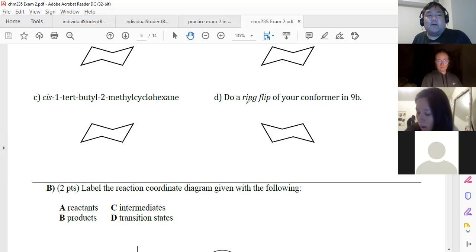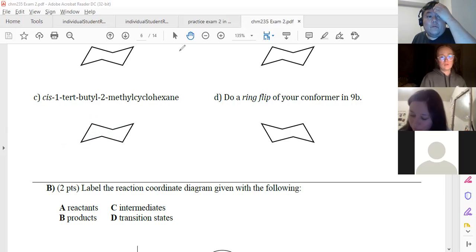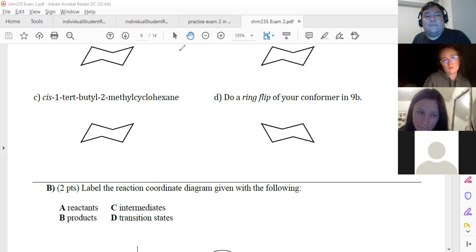I'm going to start circling carbons, and tell me to stop when you find one that you want me to make 1. That one. Okay. So we have cis tert-butyl 2 methyl cyclohexane, right? Which direction do you want me to draw my tert-butyl? Up or down?